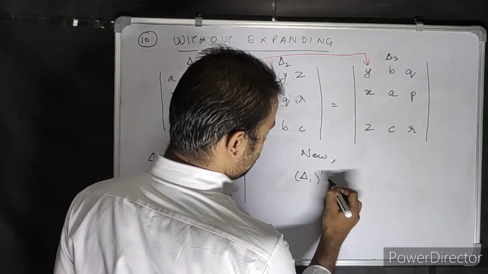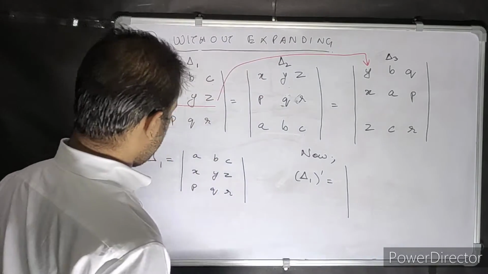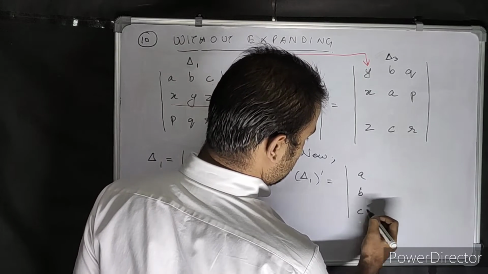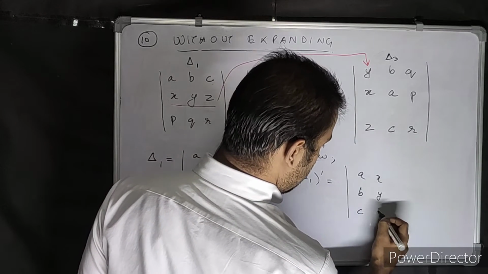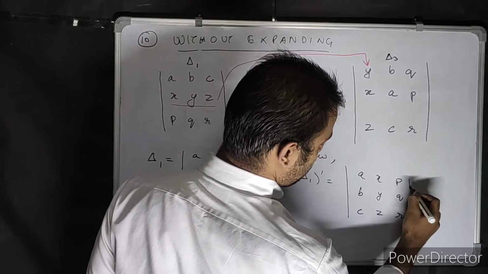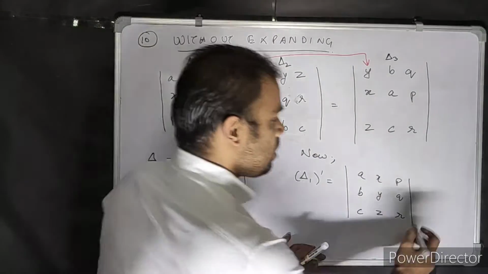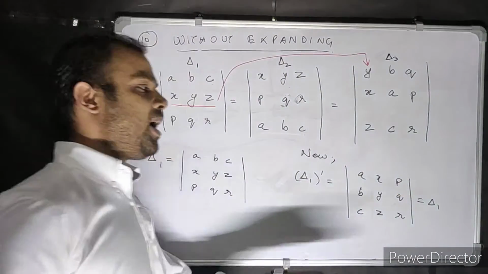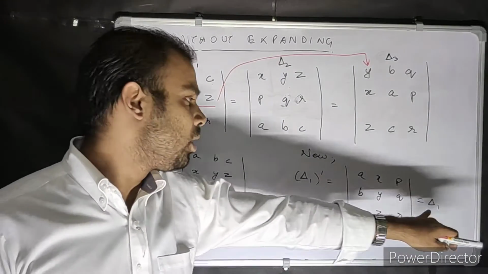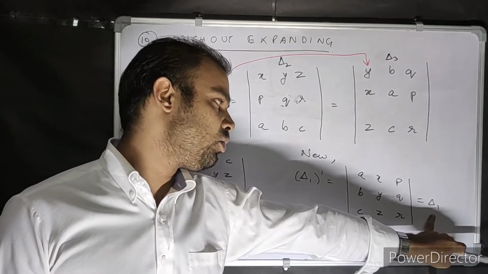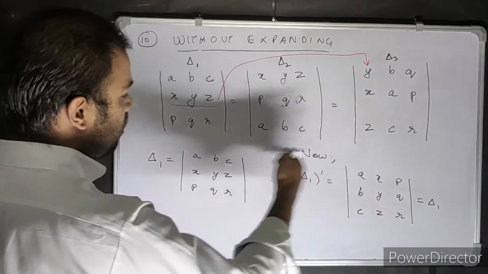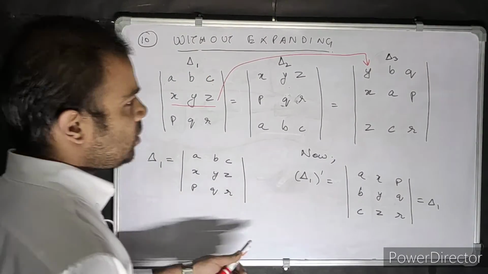Determinant 1 dash will become a, b, c, x, y, z and p, q, r. You see that, which is actually equal to determinant 1. Even in the earlier ones you make these equal to determinant 1. Again the double dash will be equal to determinant 1. I have forgotten to do that. You do that so that you know that they are all equal. So this is equal to that. Nothing changes.